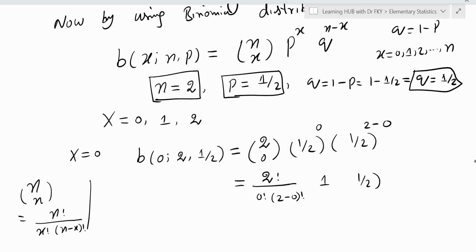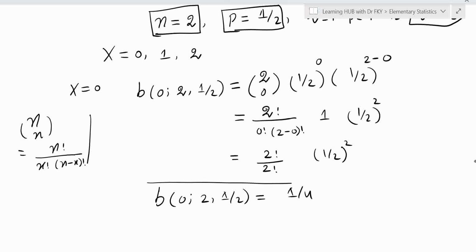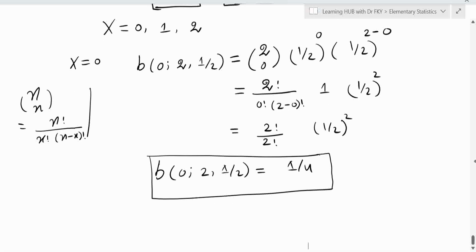Then 1 divided by 2 power 2. So this is 2 factorial divided by 2 factorial, times 1 divided by 2 power 2. So the probability of x equal to 0 with these parameters is equal to 1 divided by 4, which is similar to what we calculated by using the normal probability rules.